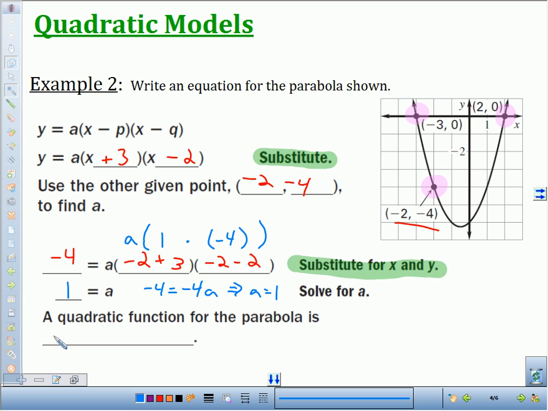That means our quadratic function for this parabola is y equals 1 times (x plus 3)(x minus 2). I didn't put the 1 in front, because 1 times anything is itself. So I get y equals (x plus 3) times (x minus 2). That is the equation that will graph this parabola.